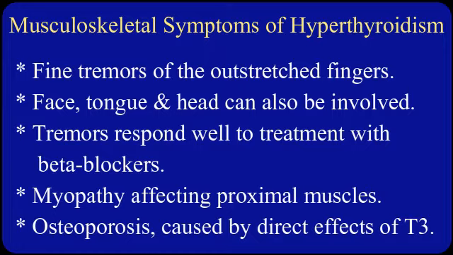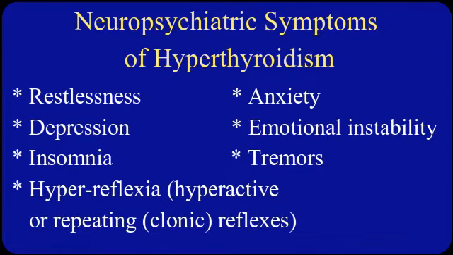There can be osteoporosis, and that will be the direct effect of T3. The neuropsychiatric symptoms of hyperthyroidism include restlessness, anxiety, depression, emotional instability, insomnia, tremors, and many times hyperreflexia, which is hyperactive or repeating reflexes of clonic type.